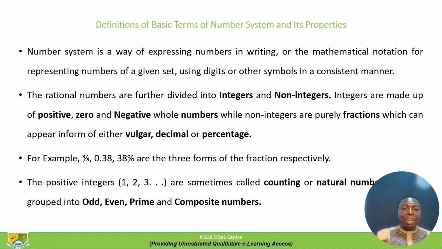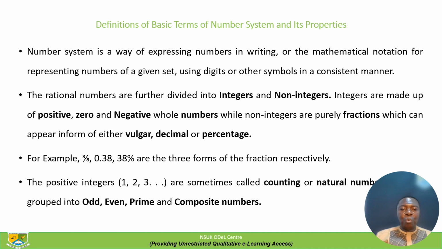Here we have the rational numbers, which are further divided into integers and non-integers. The integers are made up of positive, zero, and negative whole numbers, while the non-integers are purely fractions, which can appear in the forms of either vulgar fractions, decimals, or percentages.